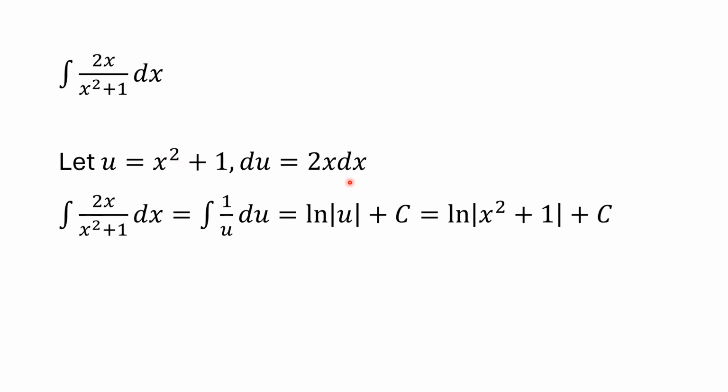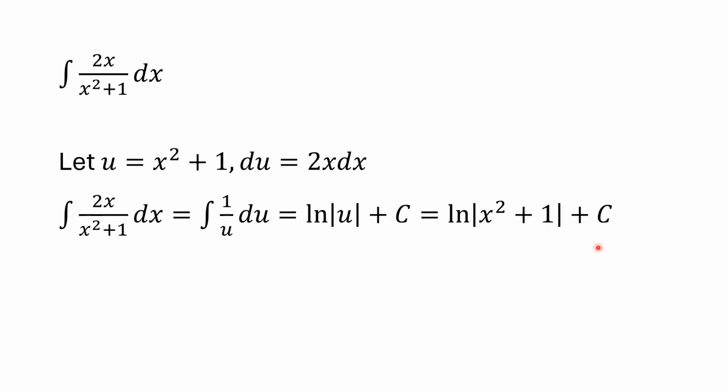So I have the integral of 1 over u again, du, and that's going to be the logarithm of u plus c, which is the logarithm of the absolute value of x squared plus 1 plus c.